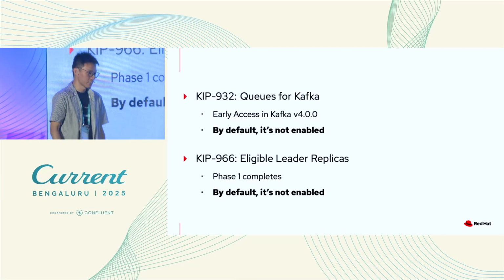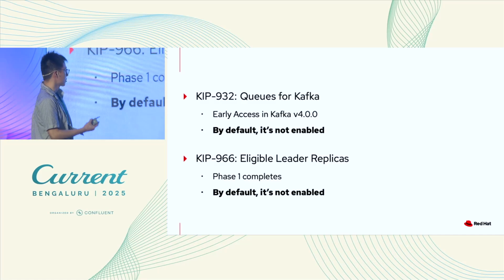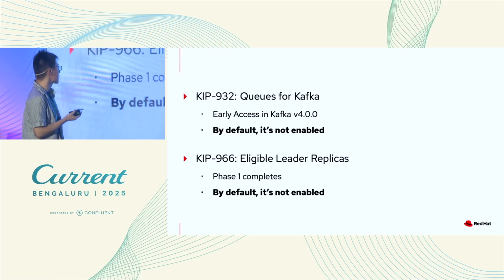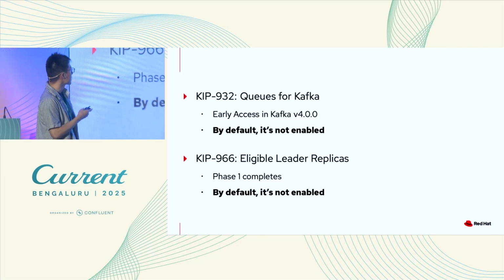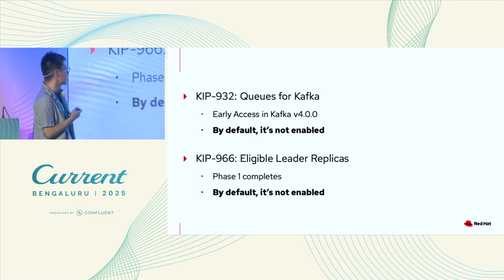And finally, some of the important changes including queues for Kafka. This has another session 1 hour ago introduced by the author, Andrew. It's in early access right now. It's not enabled by default, but you can try that if you want. The other important change is Eligible Leader Replicas.